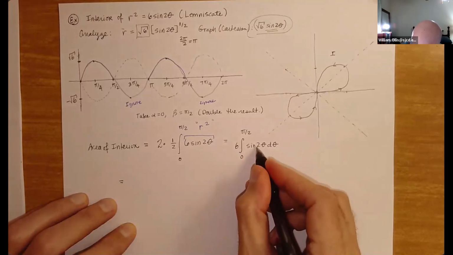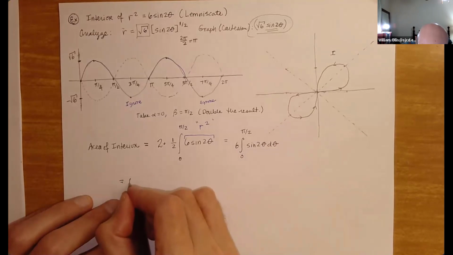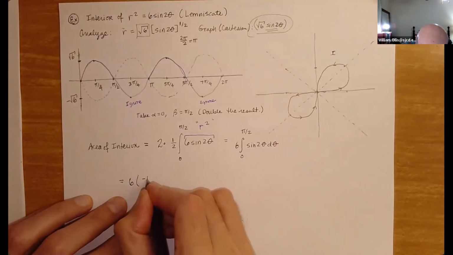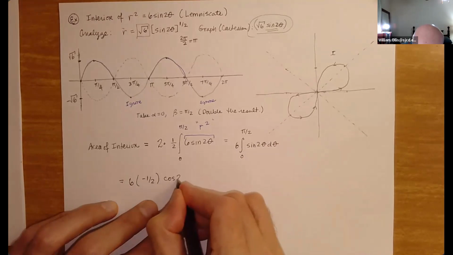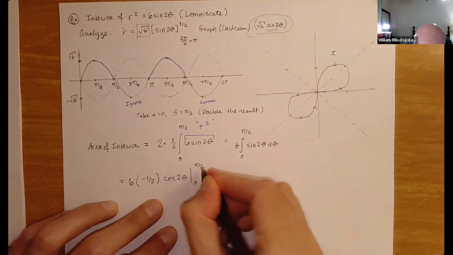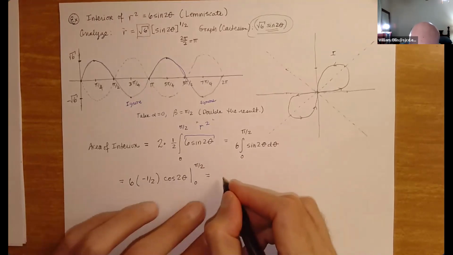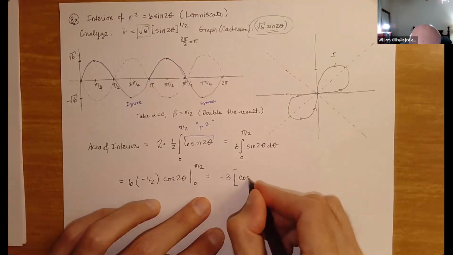So the antiderivative of the sine is the negative cosine. So we'll get 6 and a negative 1/2 cosine 2 theta from 0 to pi over 2. So this gives us a negative 3 times cosine.